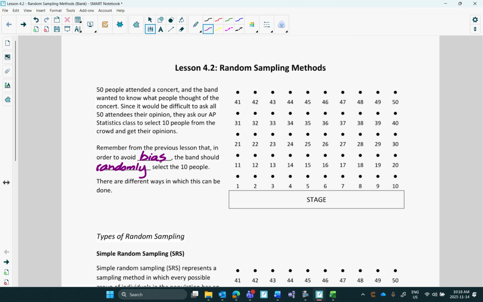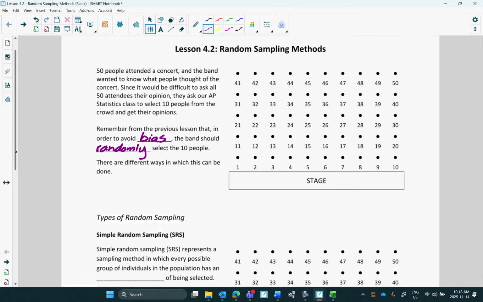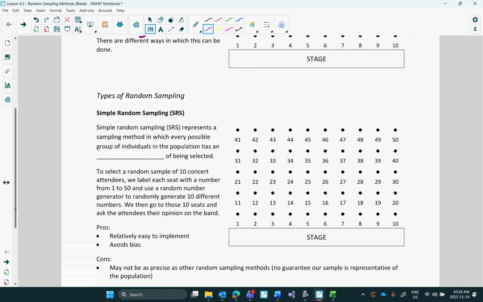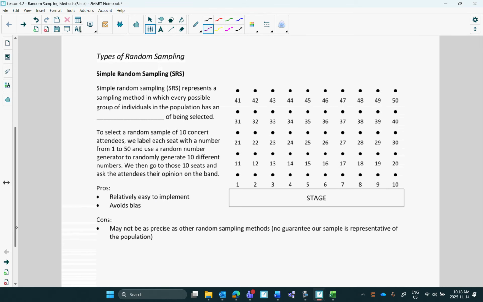Okay, so the simple random sampling. Well, it's pretty simple. Okay. And remember, we want to randomly select a group of 10.